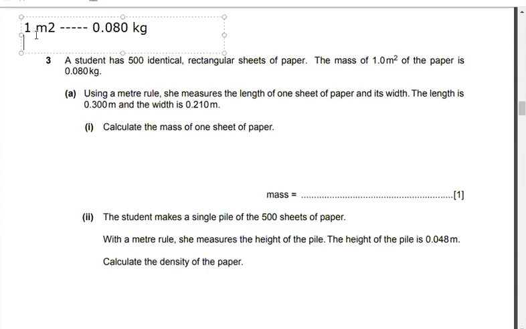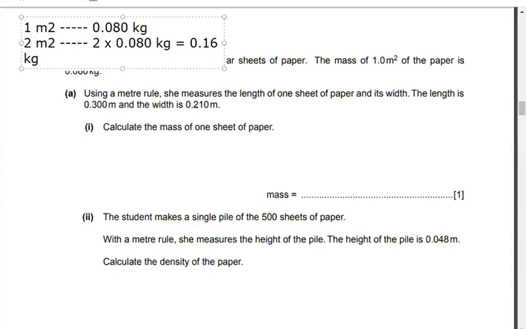Yes, sir. If it was 2 meter square, its mass will be 2 into 0.080 kg, which is equal to 0.16 kg. Understood this?